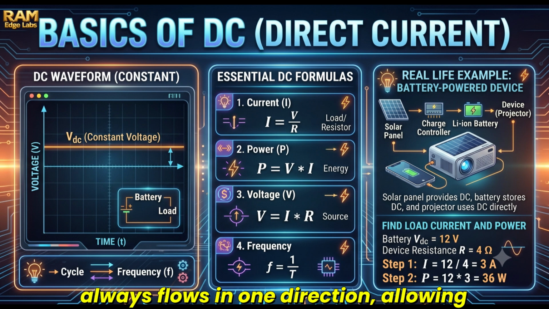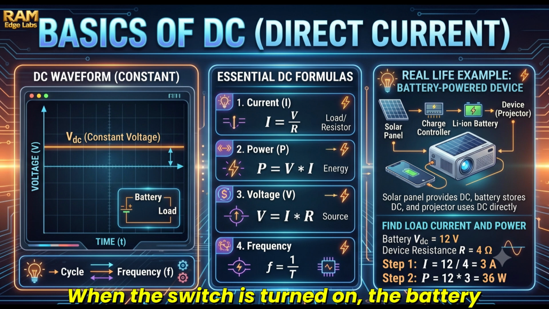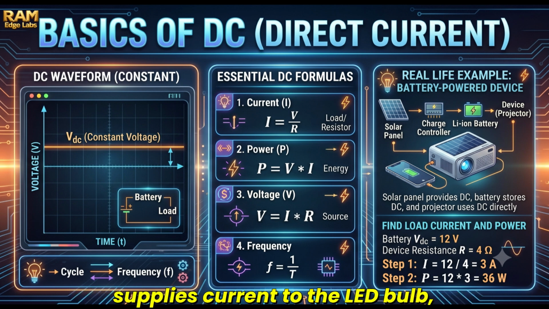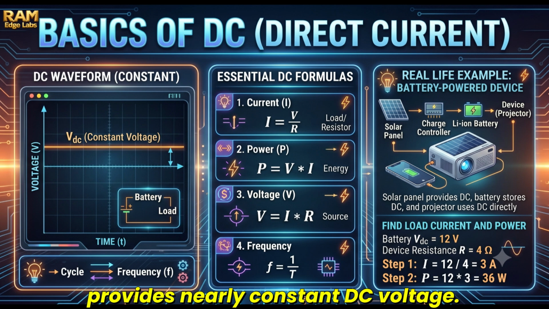The current always flows in one direction, allowing the phone to function correctly. Similarly, a flashlight uses DC power from one or more batteries. When the switch is turned on, the battery supplies current to the LED bulb, producing light. The brightness remains stable because the battery provides nearly constant DC voltage.